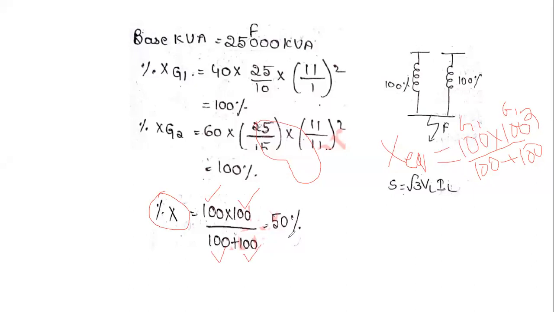Then the percentage reactance is equal to 50%. First we calculate the Xg1 and Xg2 percentage reactances, then we calculate the equivalent reactance.